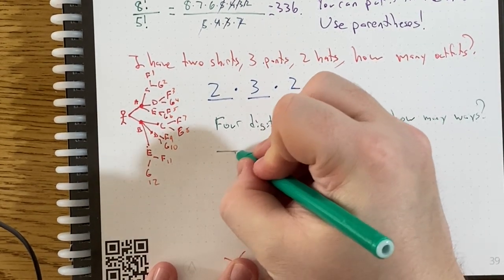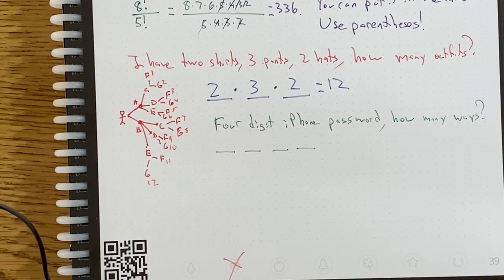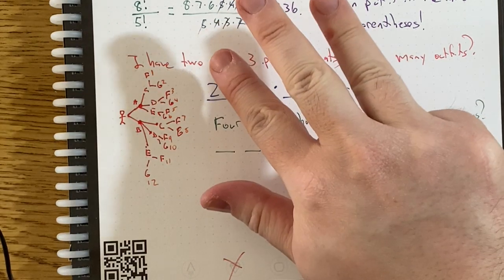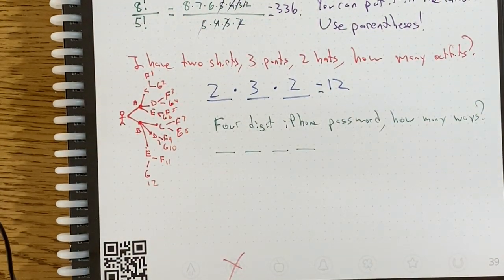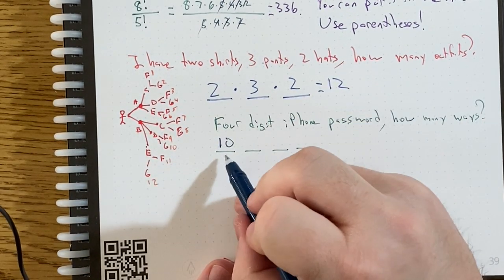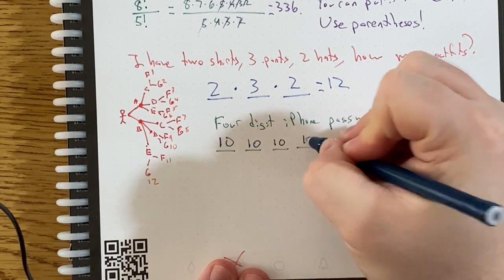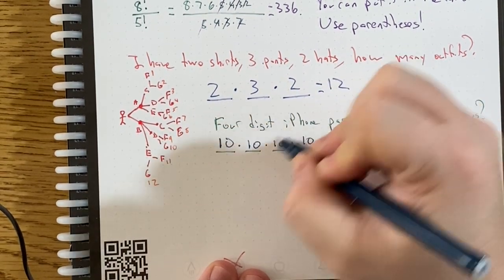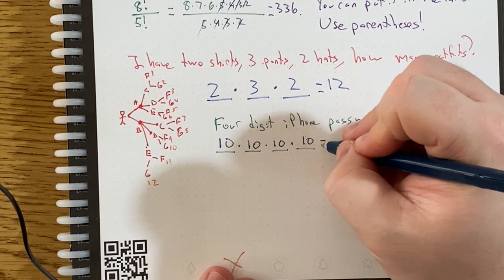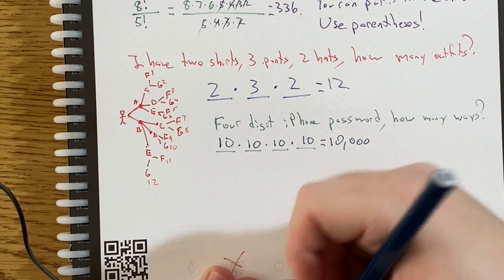So I always think of it as 4 spaces. And then how many things? If you think about it, 1, 2, 3, 4, 5, 6, 7, 8, 9, 0. That's 10. So it's 10 different digits you can choose. You're allowed to repeat. You could just have 0, 0, 0, 0. So 10, 10, 10, 10. 10 times 10, 100, 1,000, 10,000. So there are 10,000 different 4-digit iPhone passwords.